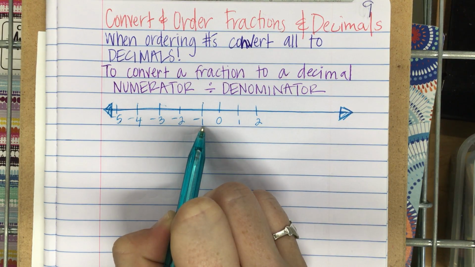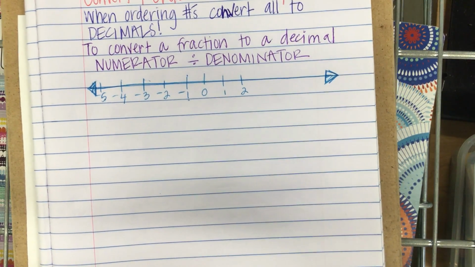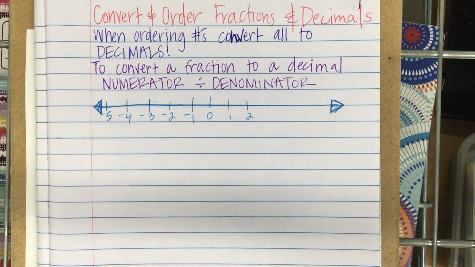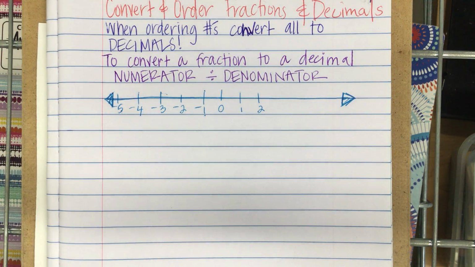Wouldn't it be also less than +2? I mean, it's less than a lot of things, right? The only thing that's not less than is -6 and a 4. Okay, so we're remembering that stuff.